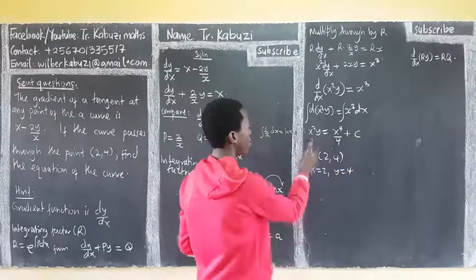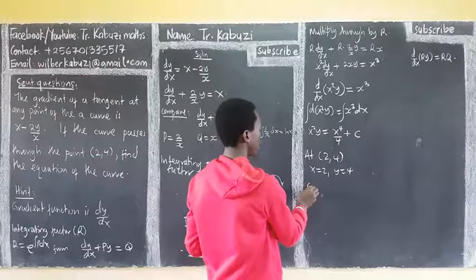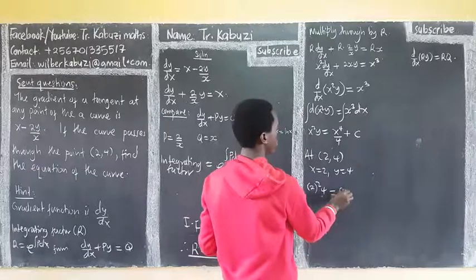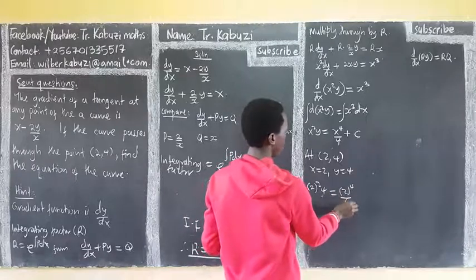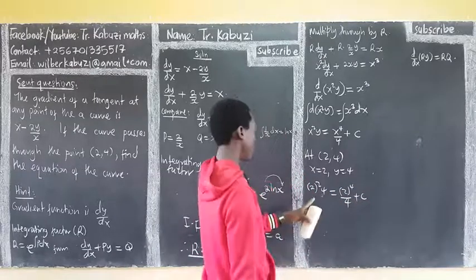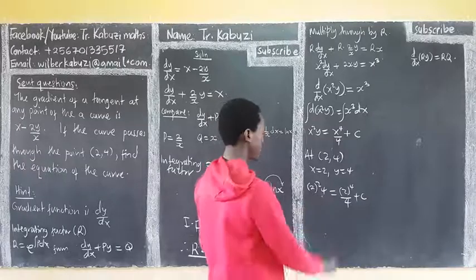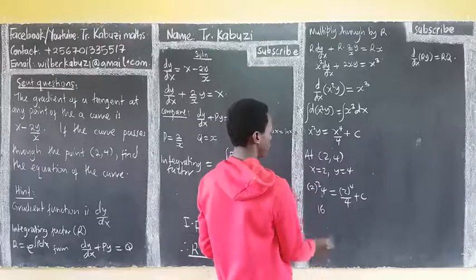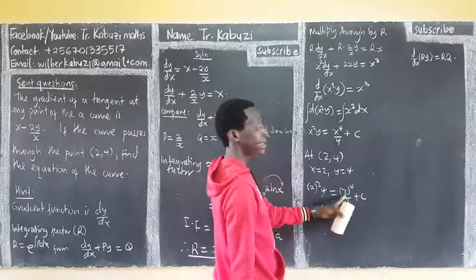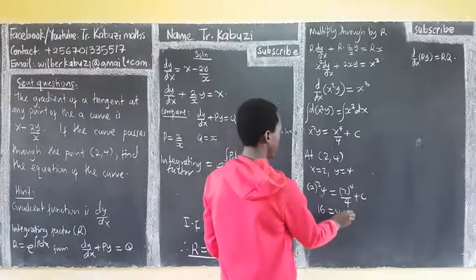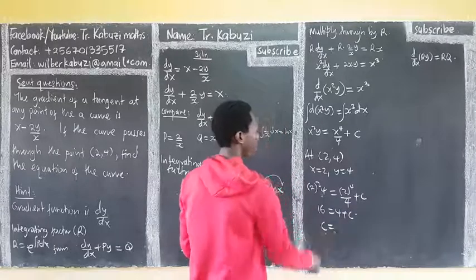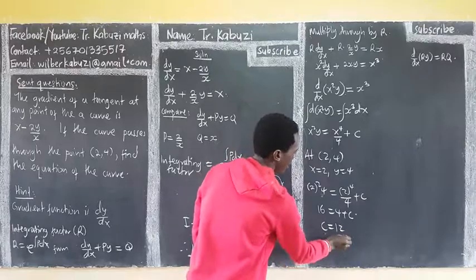Putting them here, we have 2 squared times 4 equaling 2 to the power 4 over 4, then plus c. So this is going to be 16. So 4 times 4 equals 16 divided by 4, plus c. Like that, my c, when I take this side, is going to be 12.